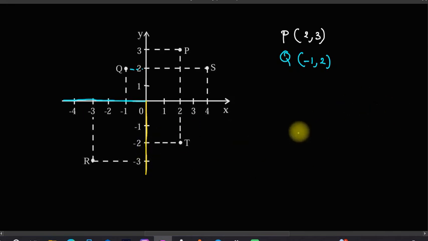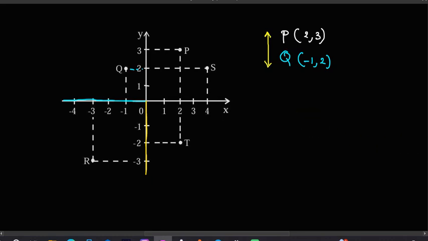Alright, now we may be required to find the distance between any two given points. So for example, we may be asked to find what's the distance between point P and Q, or more accurately, what is the displacement between point P and Q. Now there is a simple formula we can just use.